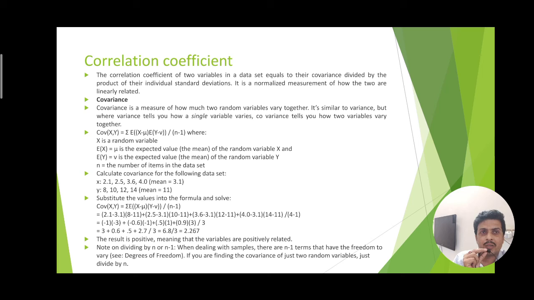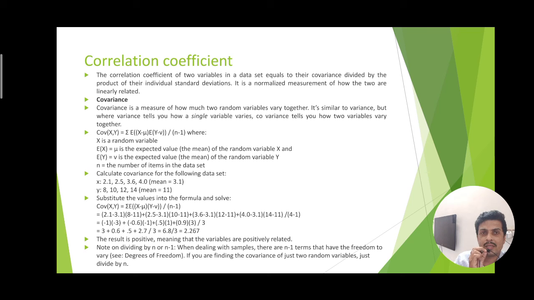The correlation coefficient is also another important property. It may be derived for two variables in a data set as their covariance divided by the product of their individual standard deviations. So this correlation can be found for the same random process in which the two random variables are observed at two different instants of time, and therefore the correlation can be found for the two sample points.